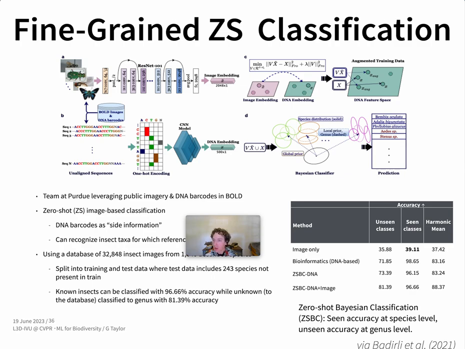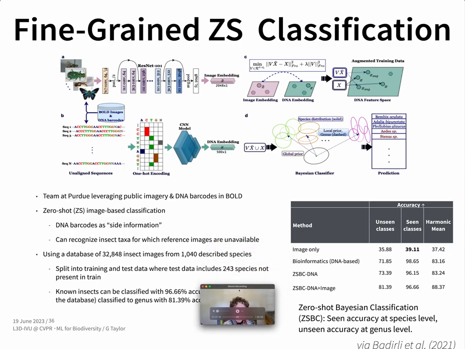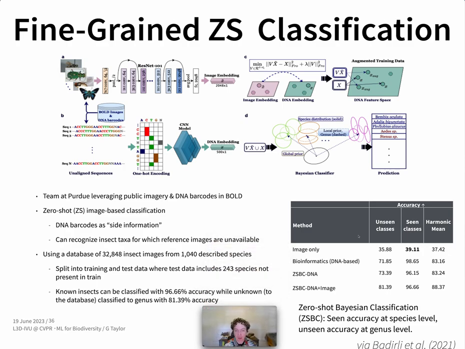At NeurIPS 2021, I met a group at Purdue who are utilizing the DNA barcodes. It's the first time I'd seen this in the mainstream ML literature, combining barcodes and imagery to do zero-shot classification, where the DNA barcodes were the side information for the image-based classifiers.